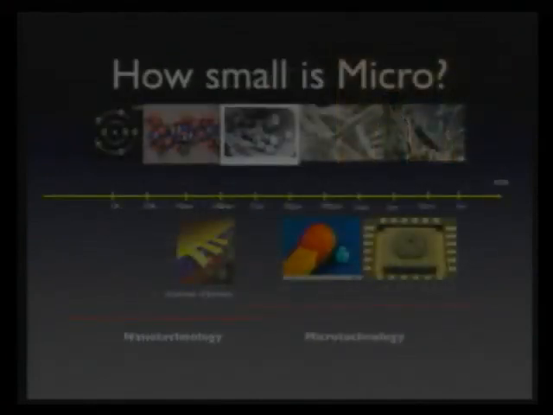Here you can see several features, machines or beings you can find in nature, with the length scale on top. This is a colibri, which is about 10-12 centimeters. Then you have a hair, which has a diameter of about 100 microns.